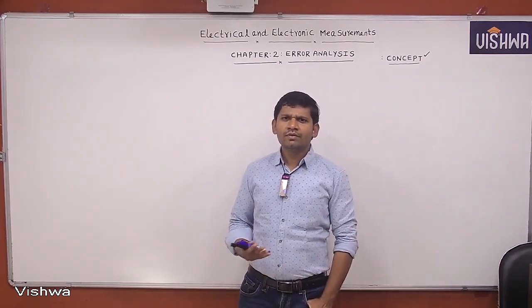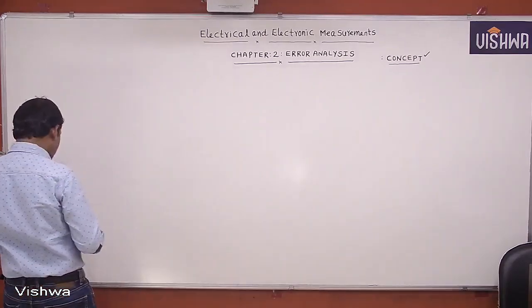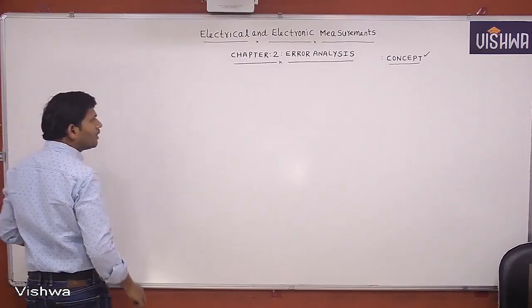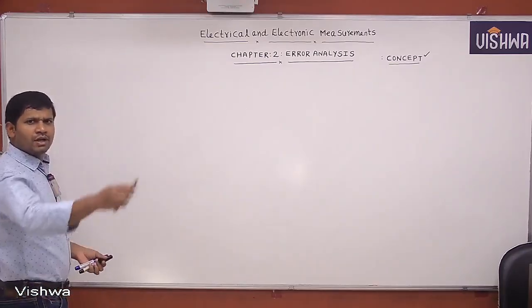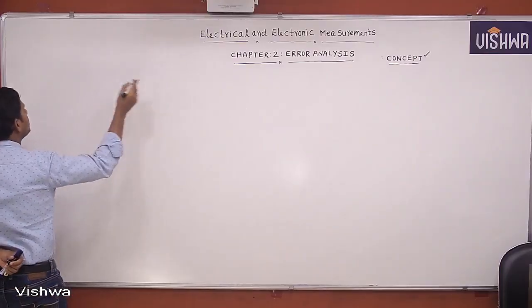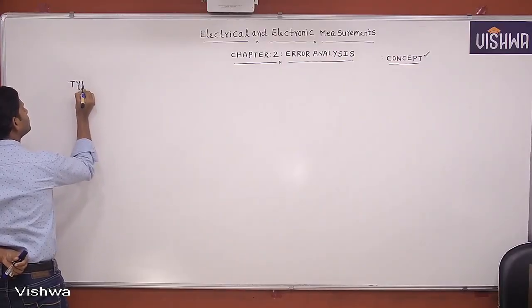That's the reason these are the types of static errors. This is a totally theory concept, and questions are already framed based on it. Then put the heading: types of errors, or types of static errors.